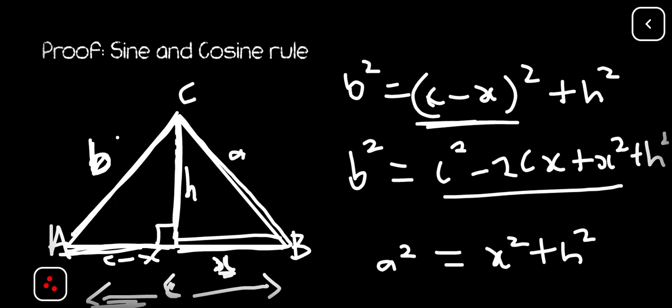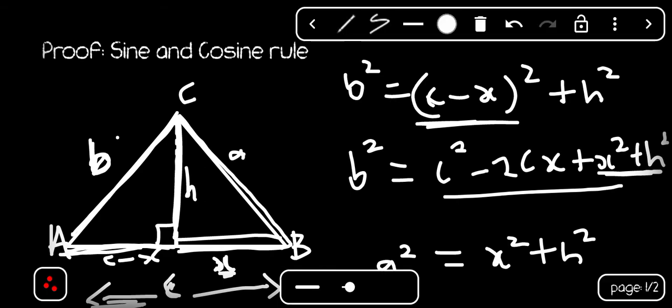So this other triangle is also useful, and that is what we're using now. So instead of leaving it as just x squared plus h squared, we're going to replace x squared plus h squared with a squared, because we've used the Pythagoras theorem on this other triangle to know what x squared plus h squared is. You understand that?